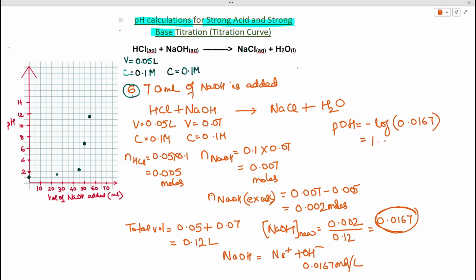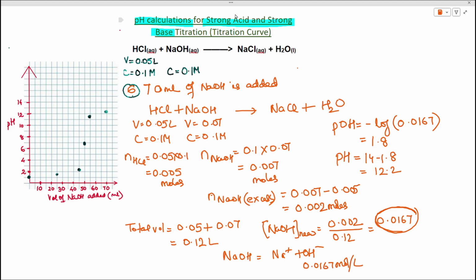This gives us 1.8. And then pH is going to be equal to 14 minus 1.8, which gives us 12.2. So when 70 ml of NaOH is added, our pH is 12.2, so somewhere over here.